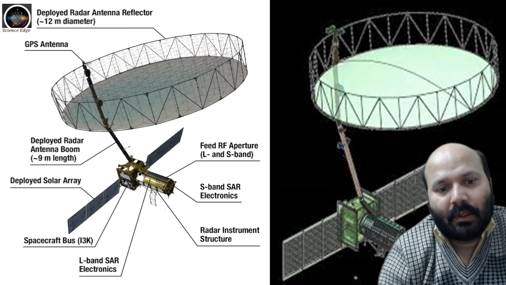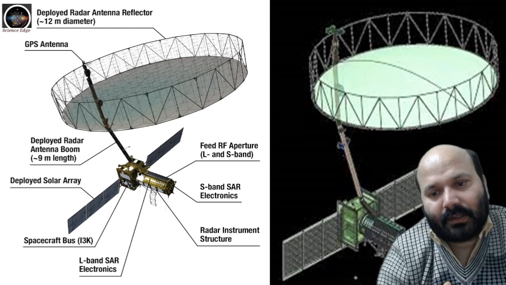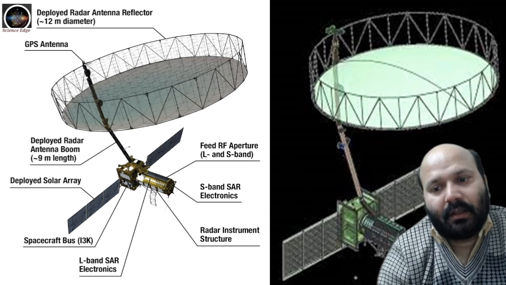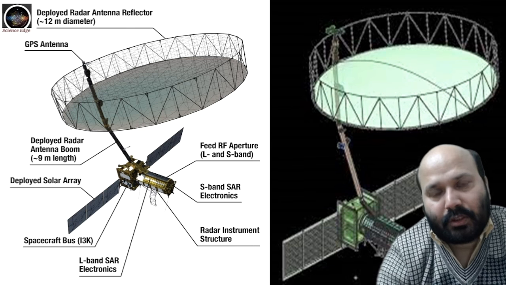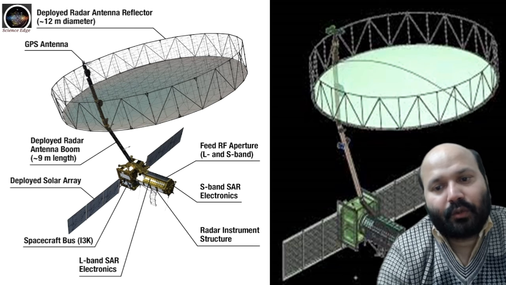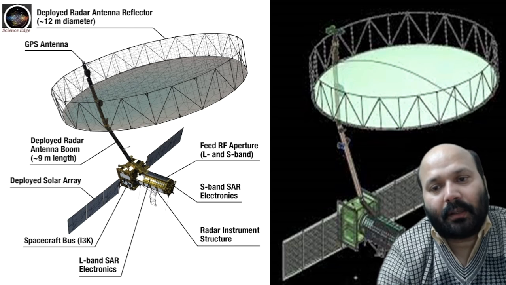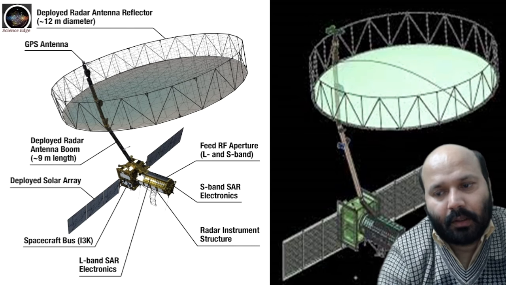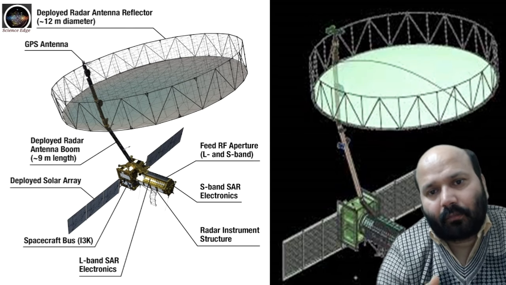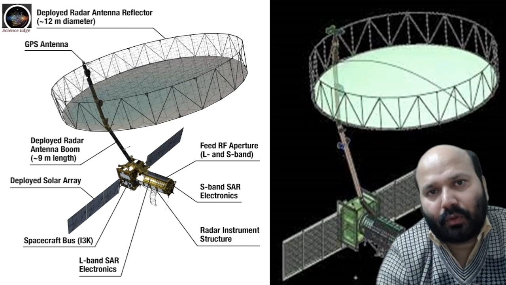NASA contributes the L-band SAR electronics, their GPS and solid state recorder to store data for global science operations and for clear air turbulence studies. So this is the objective of NASA. And now, what is the contribution of ISRO?